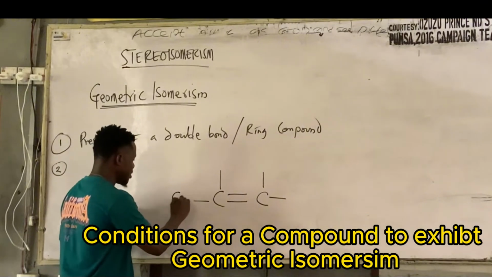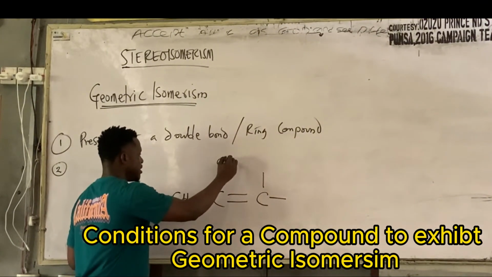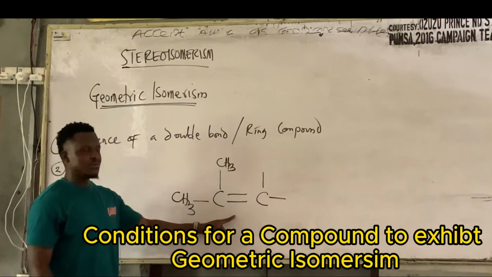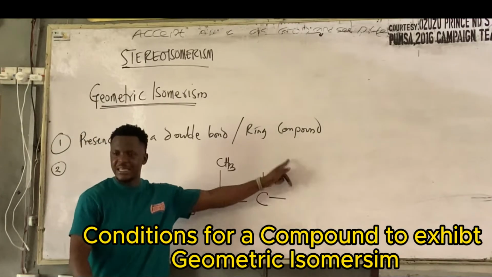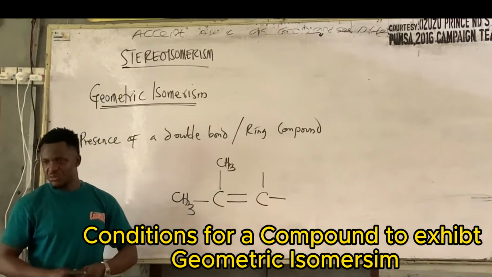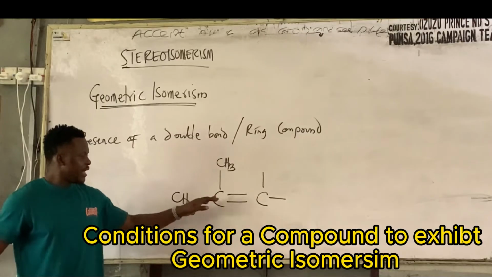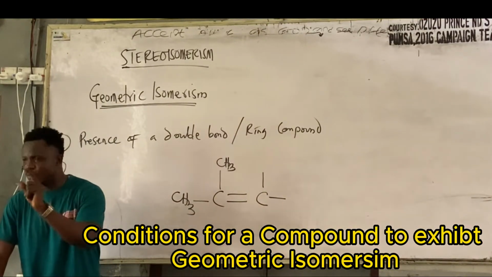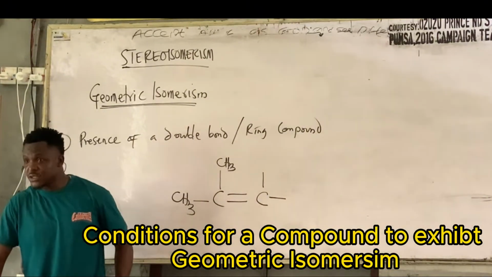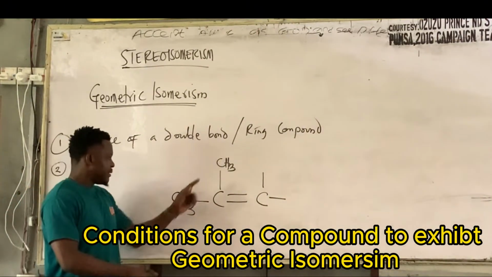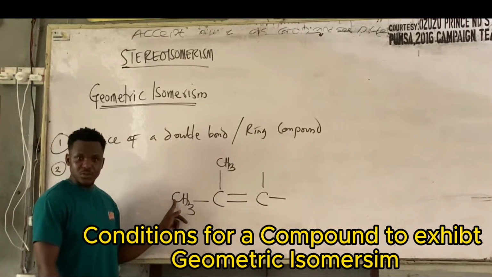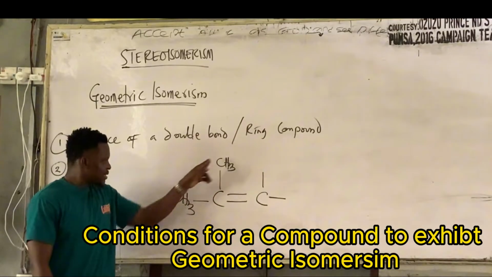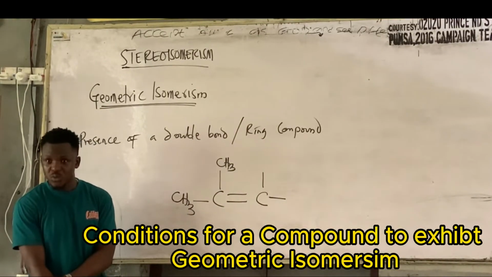If here is CH3 and here is CH3, this compound, irrespective of whatever is on this side, will not exhibit geometric isomerism, because each of the carbons of the double bond must not have two same groups. These are the same, so this has failed condition number two.